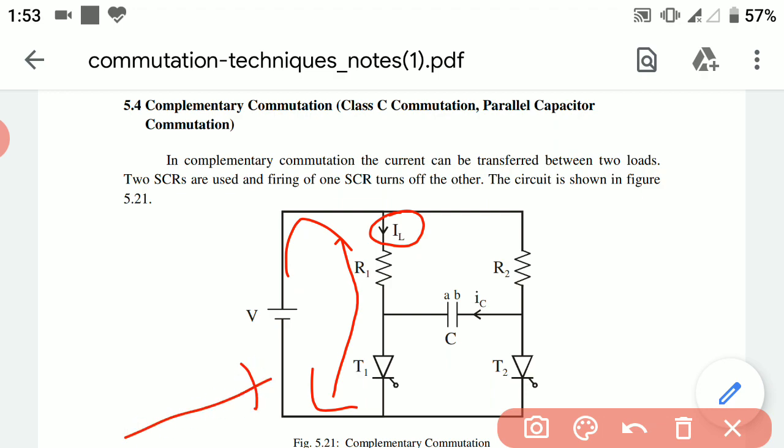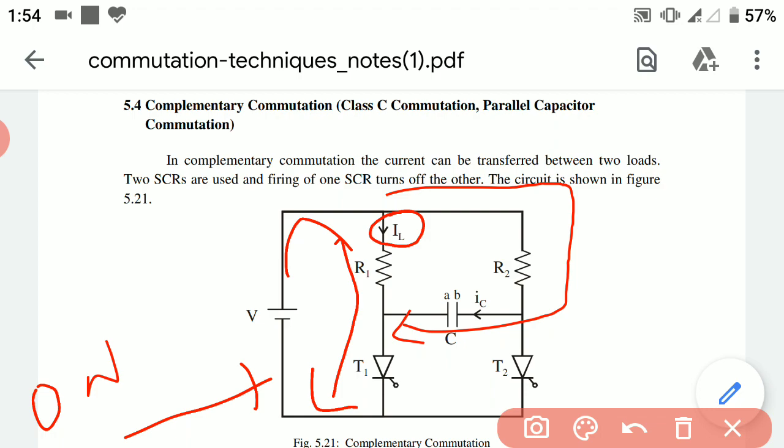Actually T1 is triggered on first of all and T2 is in off mode, that is, it is non-conductive. So T1 is turned on and the current starts flowing like this. The current also flows in the above circuit like this, through the resistor R2, through the capacitor C and through the thyristor T1.